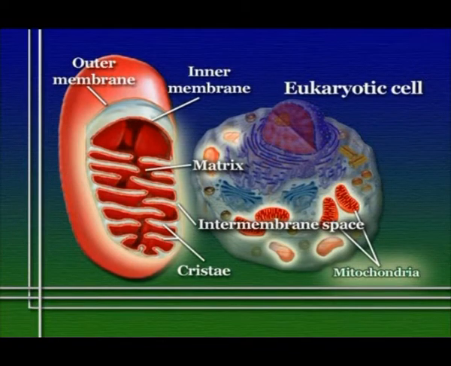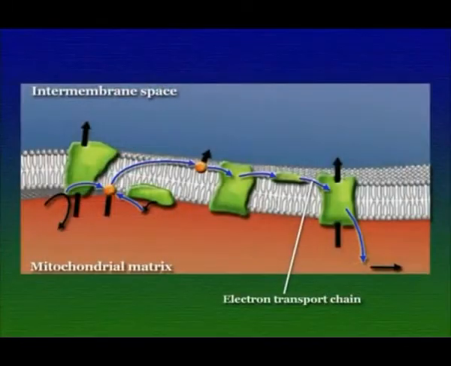Now, one or two of these enzymes actually may form a loose association with the inner membrane itself, but by and large, for our purposes, we can think of all the enzymes, substrates, and products involved in the Krebs cycle that we talked about last time as occurring in the fluid that fills this innermost compartment, what we've called the matrix. The molecules associated with the electron transport chain are physically embedded in the inner membrane itself.